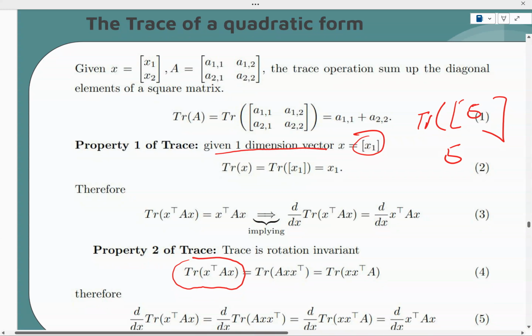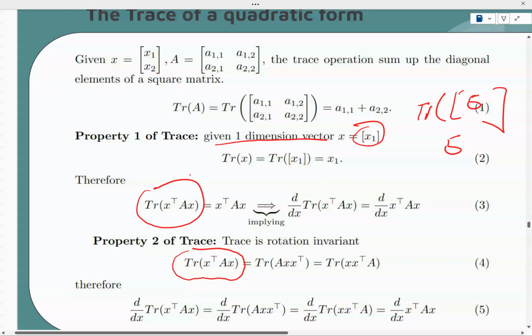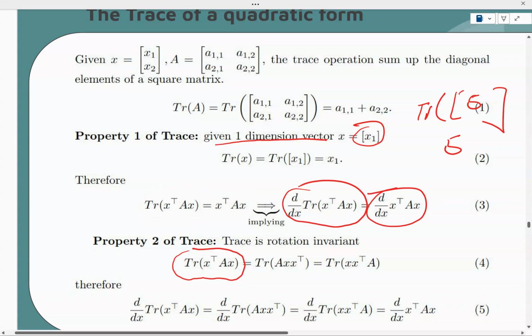Now, over here, if you have a trace of this, since the result of multiplying them together is a number, therefore the trace of this is simply equal to this. And this implies that the derivative of the trace of the quadratic is simply the derivative of the quadratic. So if you know the derivative of the quadratic, it's the same as the derivative of the trace of the quadratic.